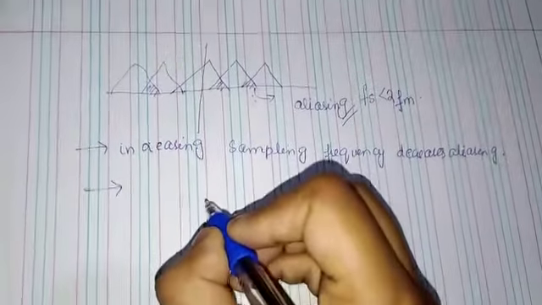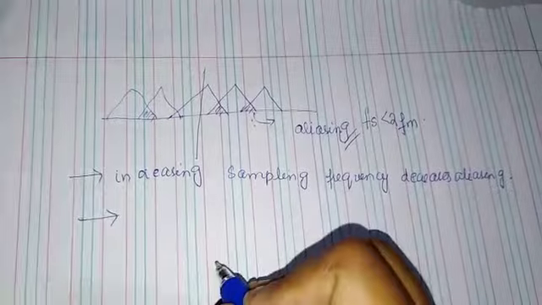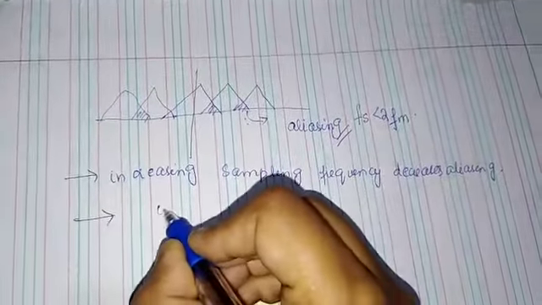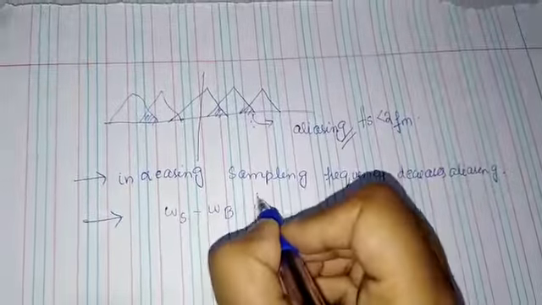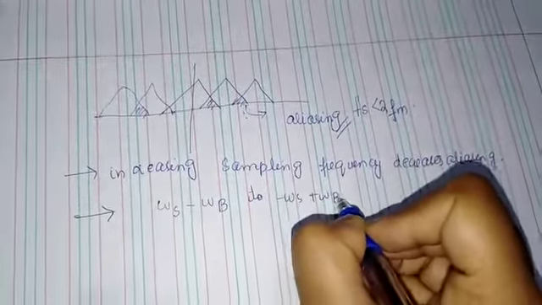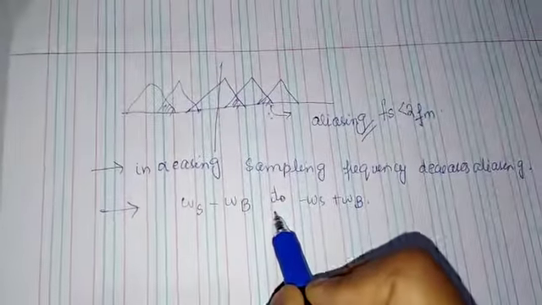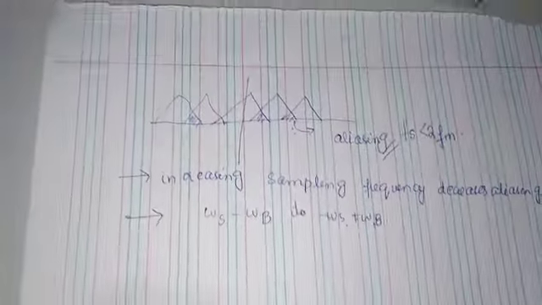Another thing that we can do to reduce aliasing is to apply a filter from ws minus wb to ws plus wb. In this case there is a reduction in aliasing, but here we have another problem: we get a loss.